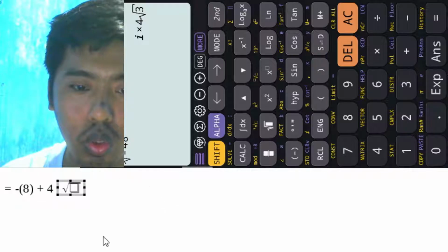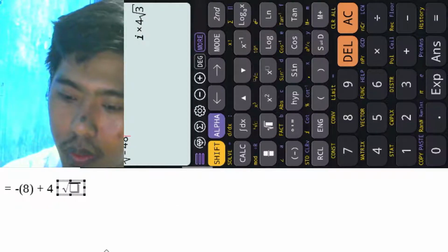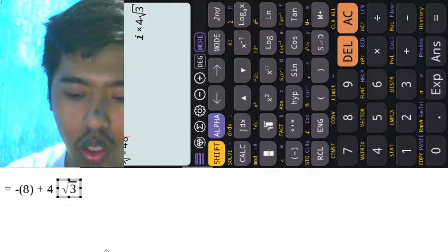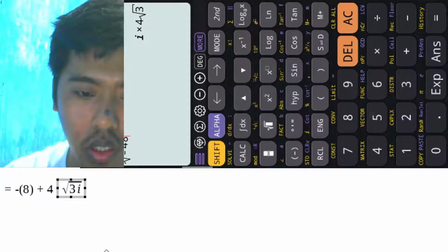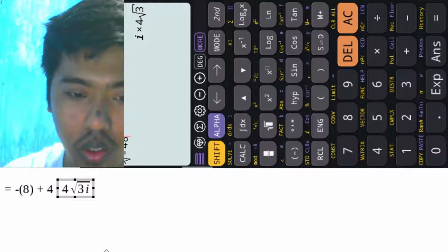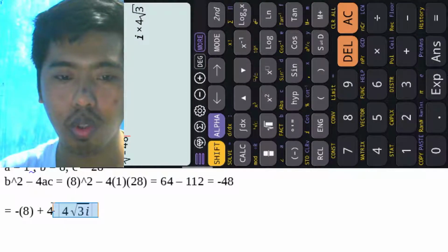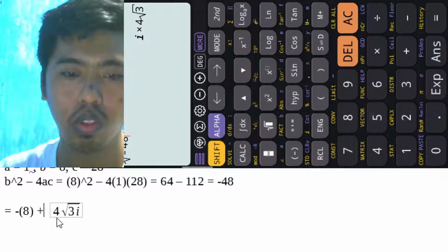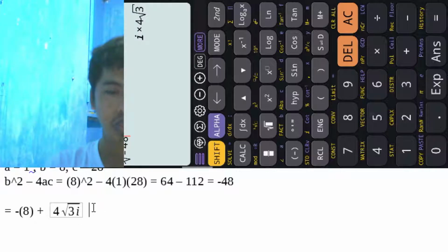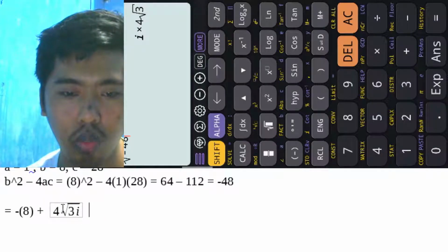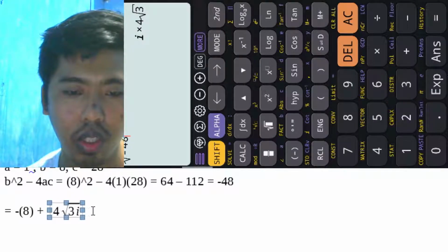Okay, square root 4, 3i, then here is 4. Okay, so negative 8 plus 4 square root of 3i or imaginary number.